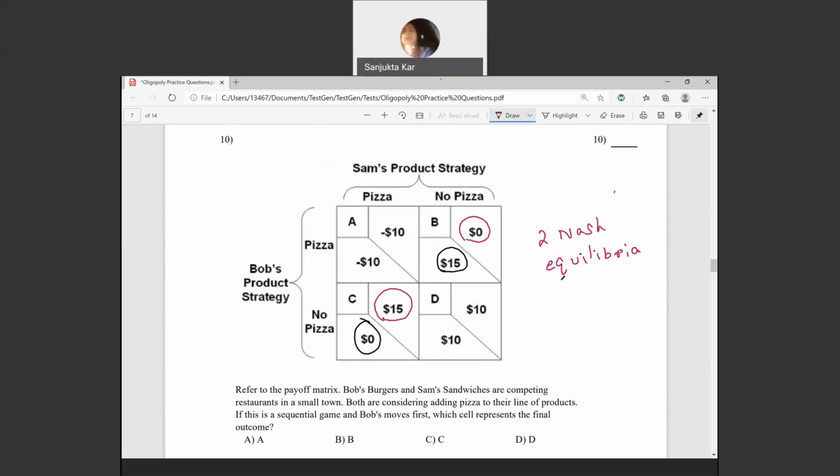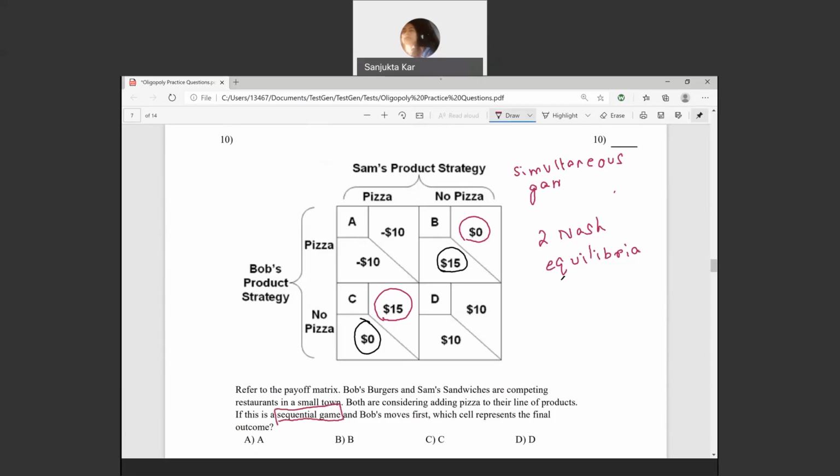The question is asking if this is a sequential game and Bob moves first. What is a sequential game? So far, what you looked at were simultaneous games.